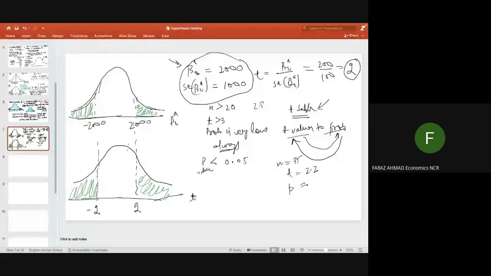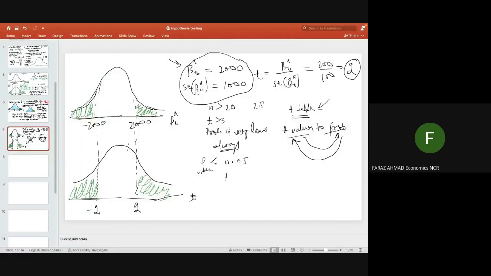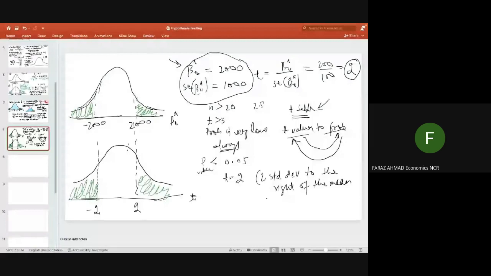Now, as far as interpretation is concerned, this also makes understanding these things easier, in the sense that when I'm saying t value is 2, I mean 2 standard deviations to the right of the mean and 2 standard deviations to the left of the mean.